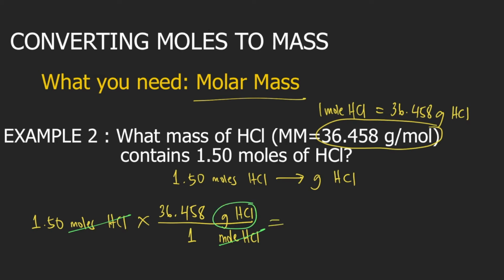And if you solve this, 1.50 times 36.458 divided by 1, this is equal to 54.687, and the unit is grams of HCl. And this is the answer to the question.